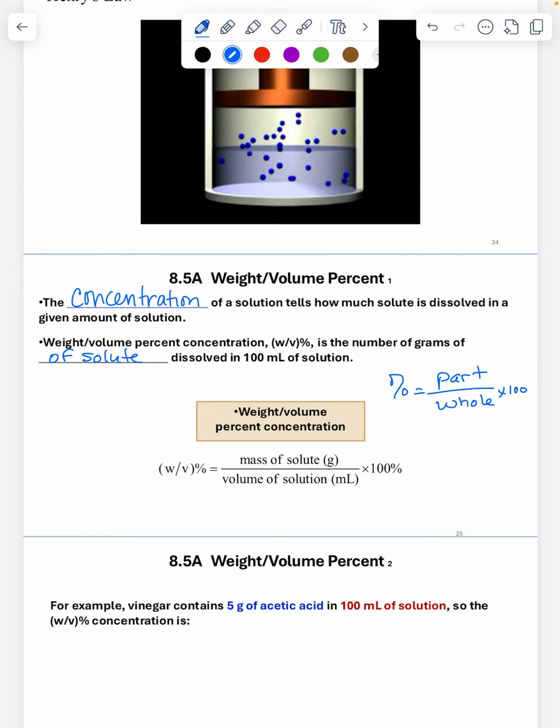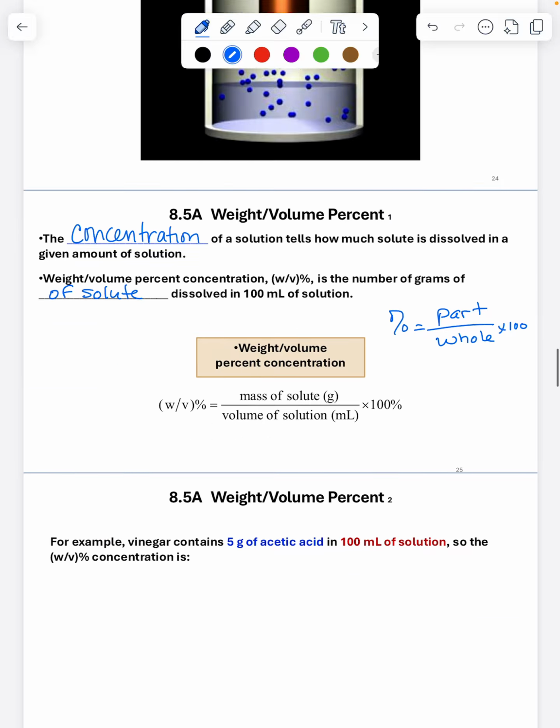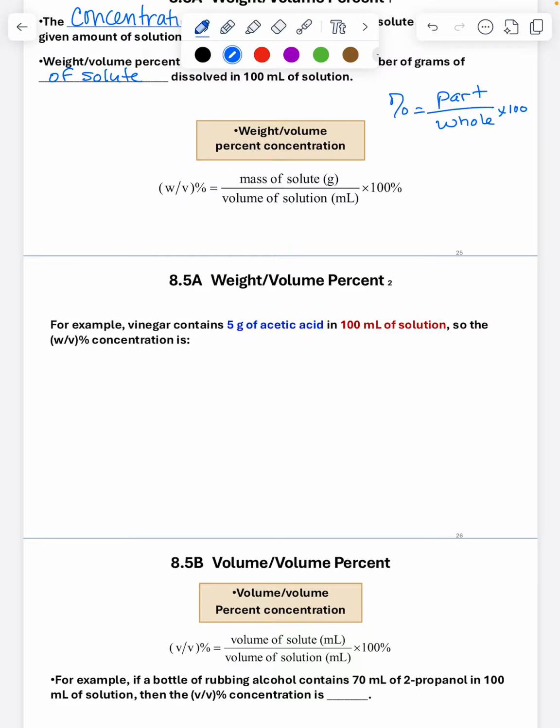And so let's work through a quick example here. It says vinegar contains 5 grams of acetic acid in 100 milliliters of solution. So the weight per volume concentration is, you would just take 5 grams of acetic acid divided by 100 milliliters of my solution.